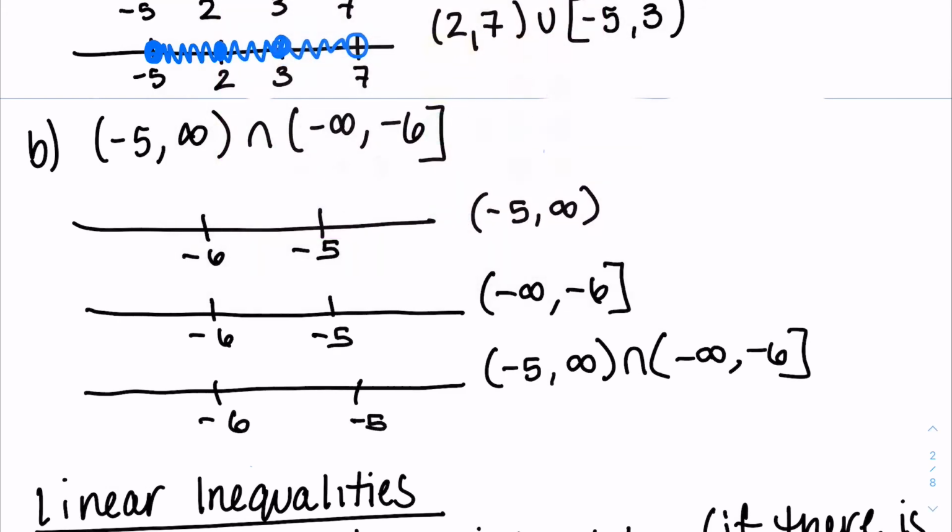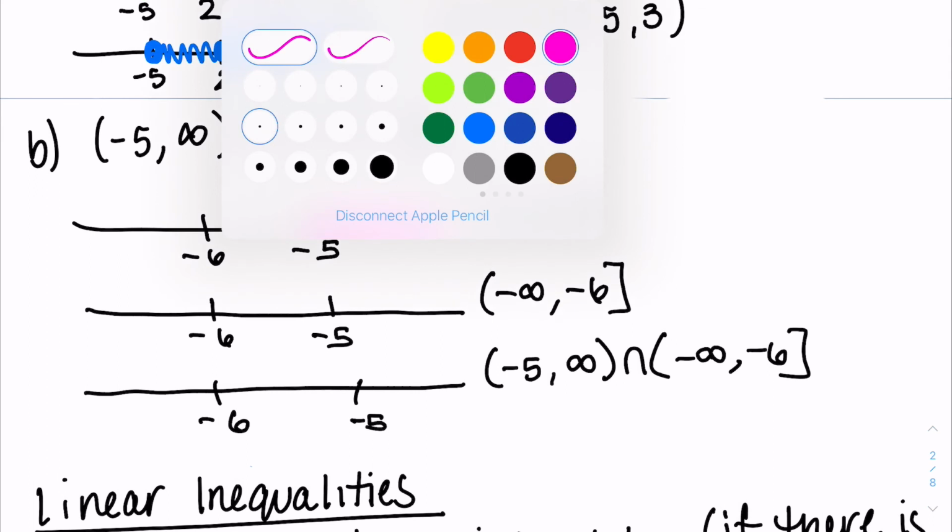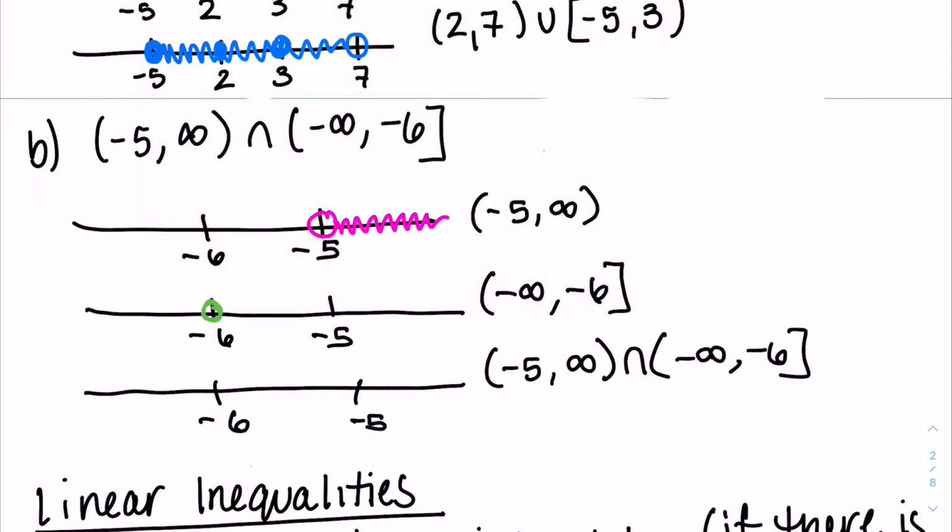And so for our first one, we start at -5. We go out to positive infinity, can't equal -5. Second one, I can equal -6, and then it's anything less than that. And if we try to see if there's anything in common between the two, there's nothing.